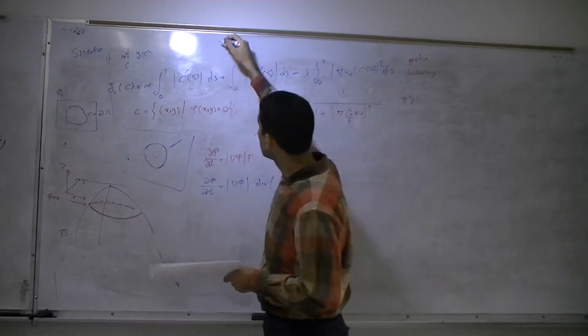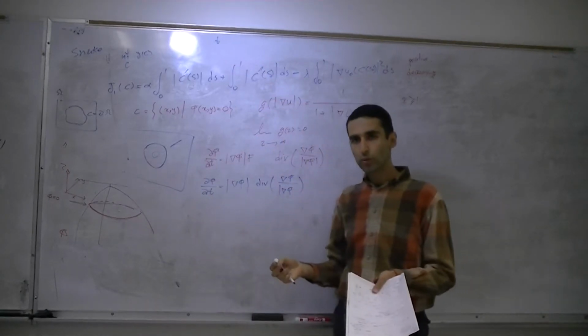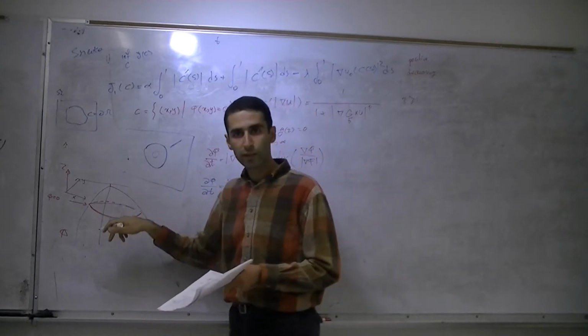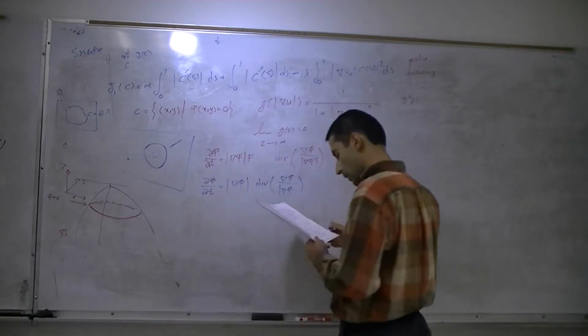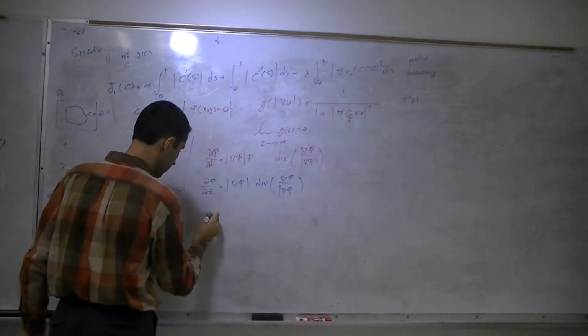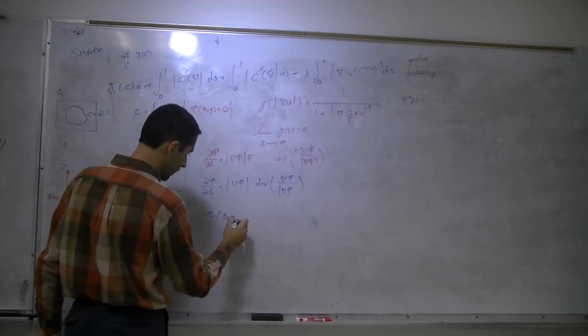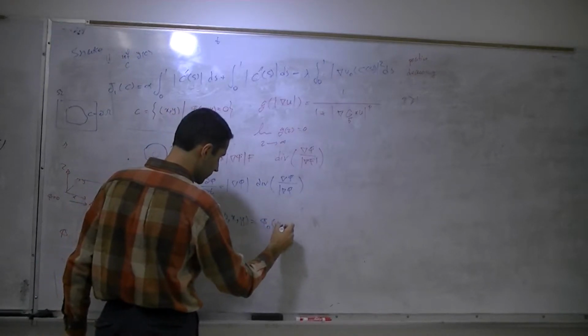First one is t, the time. We start with some initial curve, the initial curve, phi of 0, x, y, is equal to phi 0 of x, y.